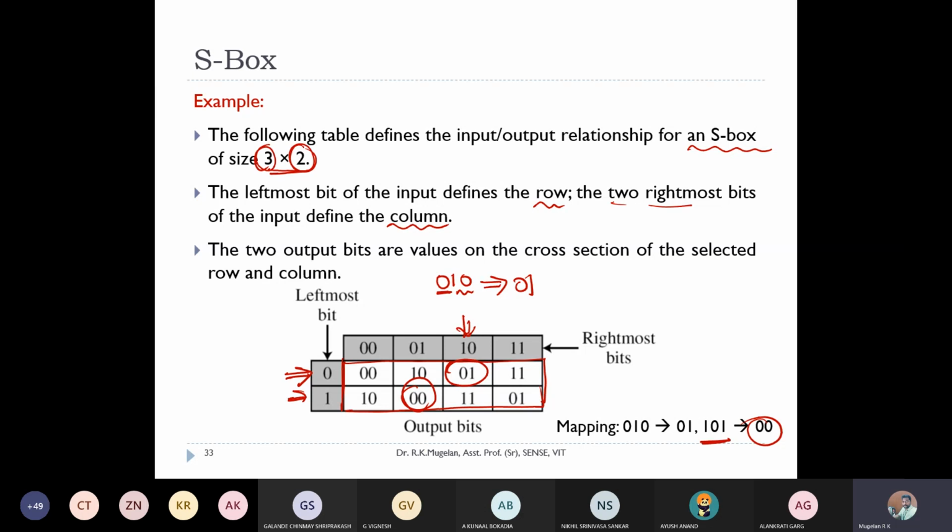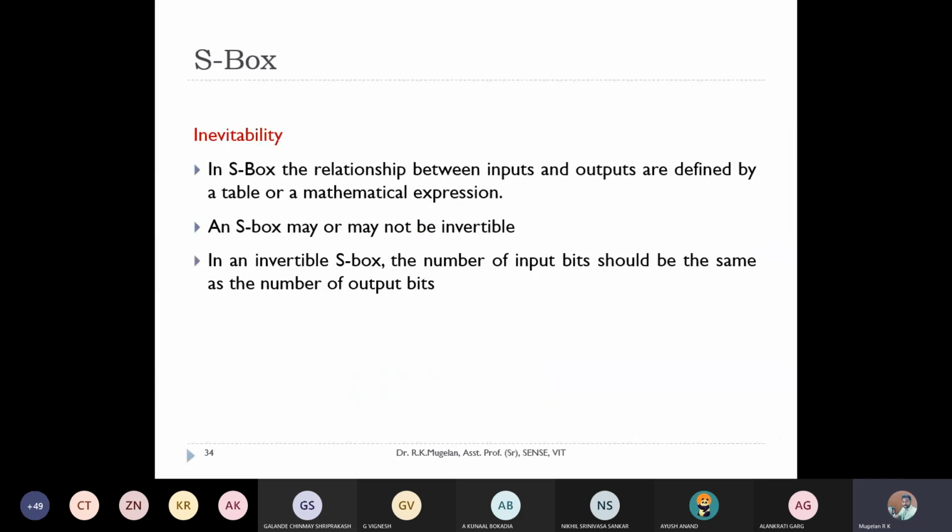The same thing: the S-box which you are going to use at the encryption end cannot be used directly at the decryption end unless the particular S-box satisfies the invertibility property. So in S-boxes, the relationship between the inputs and outputs is defined directly by a table or any mathematical expression. All S-boxes cannot be called invertible S-boxes. Only certain substitution boxes will have an invertible table or invertible expression.